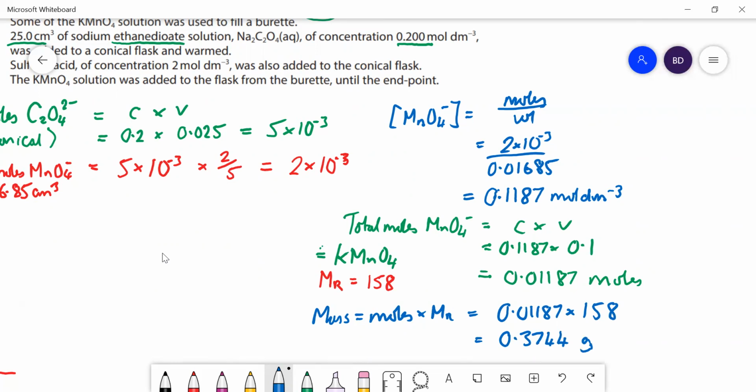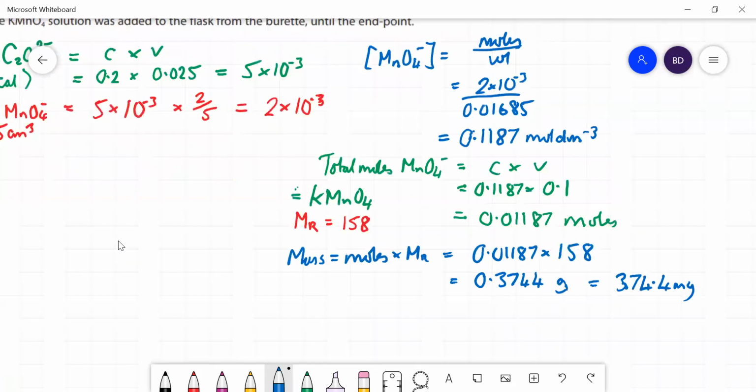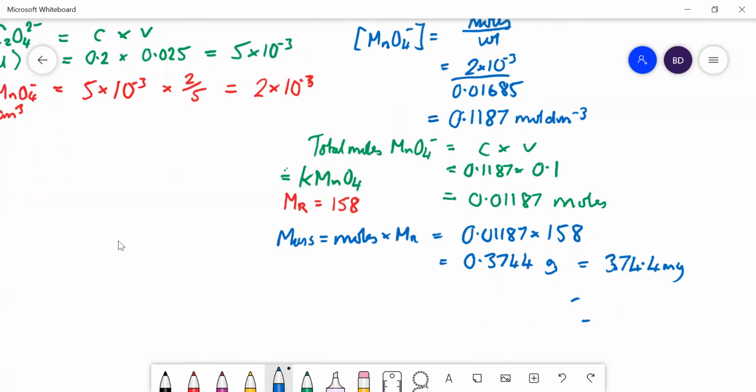Okay, multiplied by 1,000 because we've got to give it in milligrams. That's 374.4 milligrams. I think we should only give it to 3 significant figures because all our data is to 3 significant figures. So that's 374 milligrams. Is our final answer.